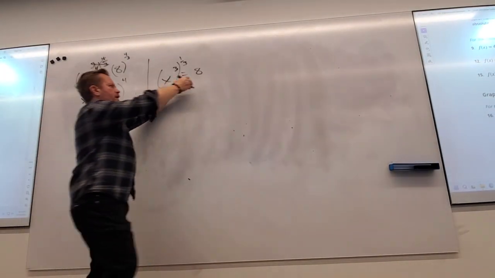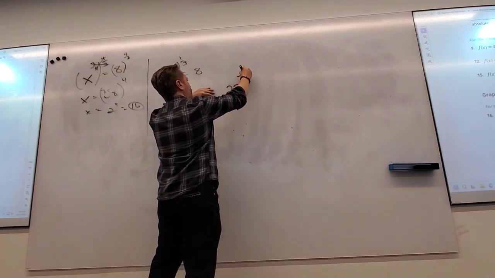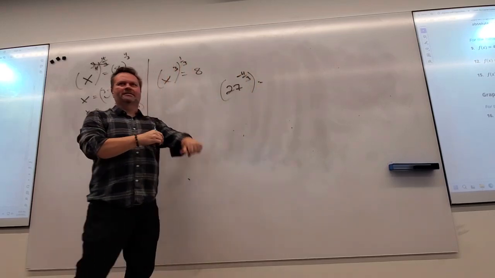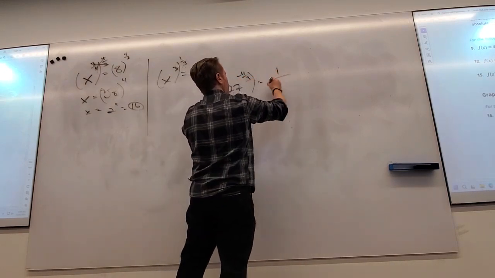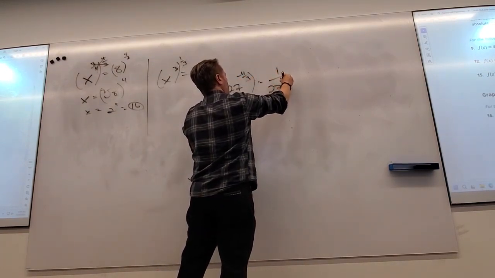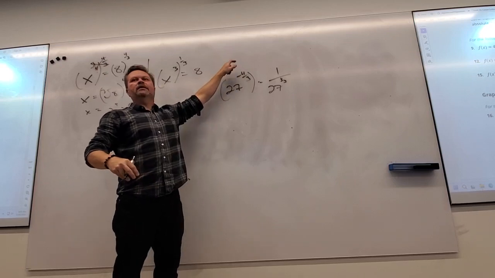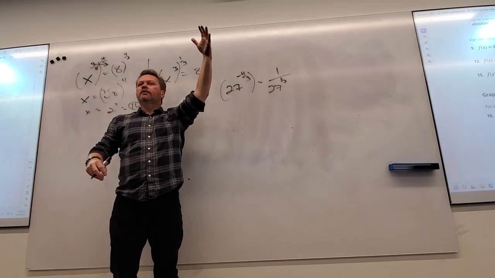So for example, 27 to the negative 4/3 power. Then you flip it. Good, first thing I would do is flip it.